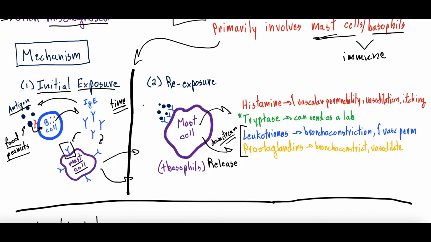So then when you get peanut protein again, let's say you loved those peanuts so much the first time, you eat the peanuts again. Well, now your mast cells are locked and loaded. They already have all this IgE immunoglobulin antibody on their cell surface waiting to detect more peanut protein. And when they do, your mast cells do this massive degranulation event.